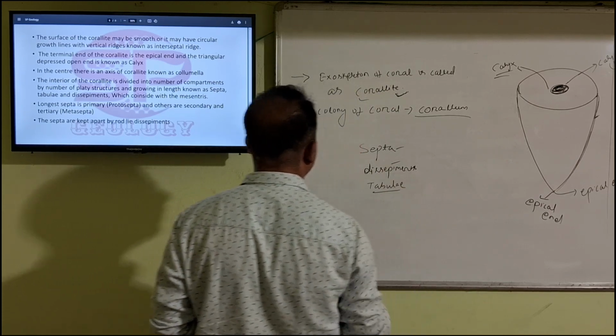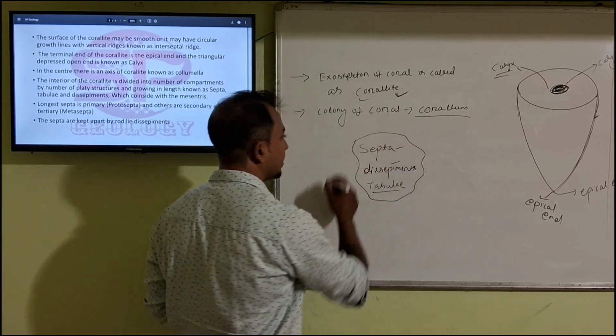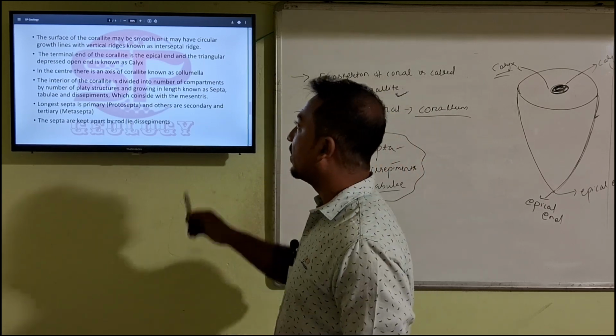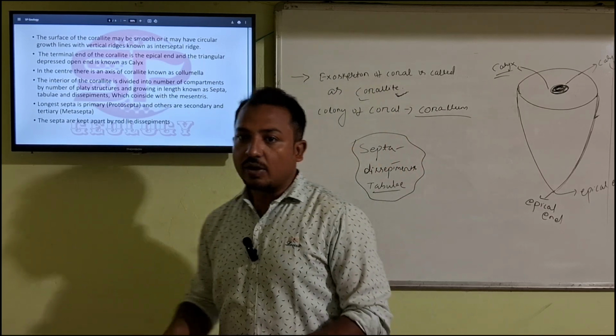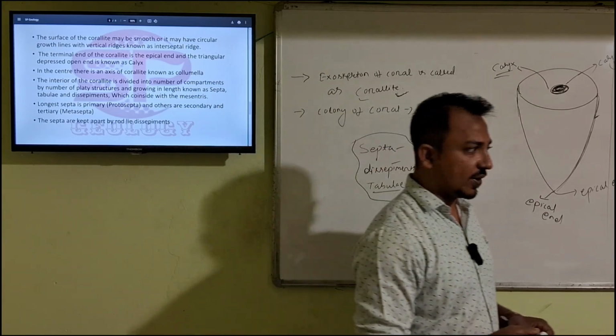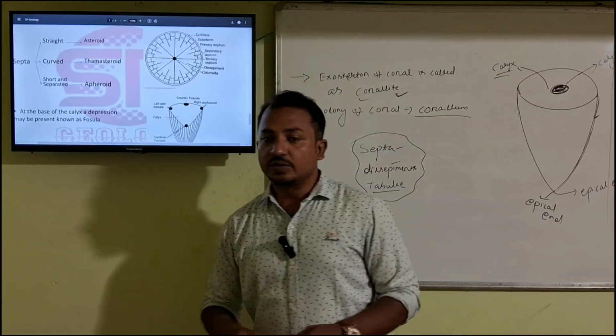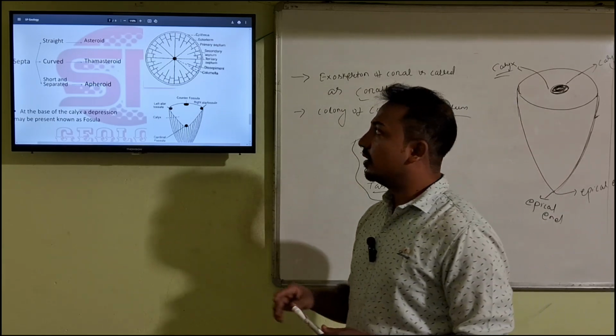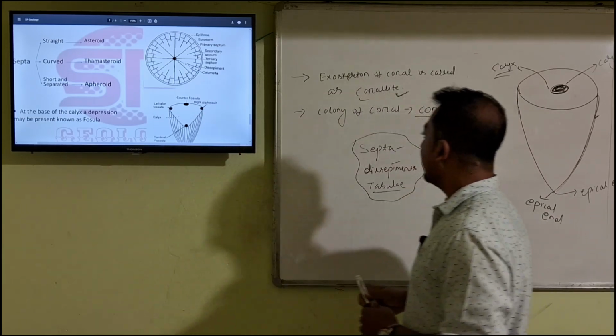These are different processes or structures. They divide the coelom, or the interior of the coral, or the interior of the anthozoa, you can say. So septa divide the interior of the cell.